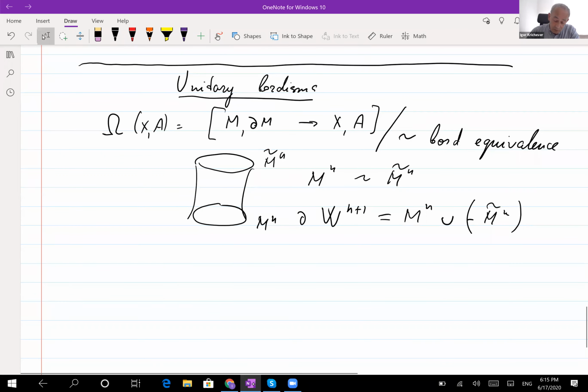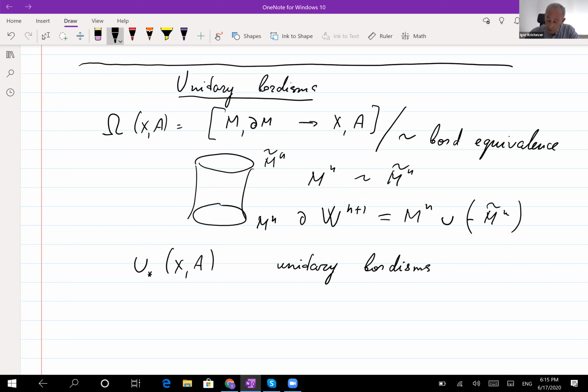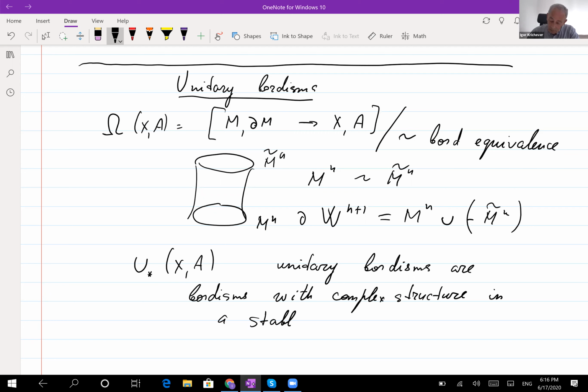So we will consider unitary bordisms of X, A: bordisms with complex structure in the stable tangent bundle.